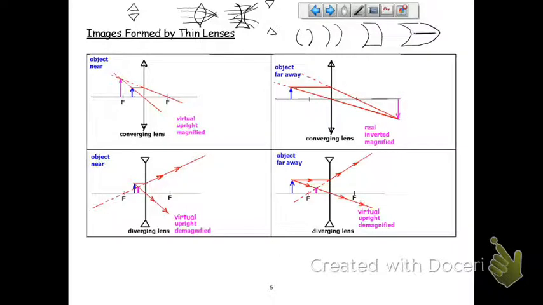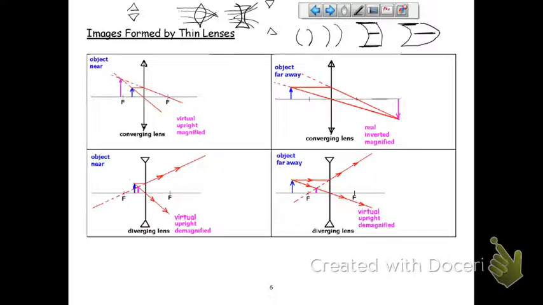This is fat in the middle and skinny on the outside, and this is skinny in the middle and fat on the outside. So you can get diverging and converging glasses. If you wear glasses and they make the world look bigger, or you're looking at somebody who's wearing glasses and their eyes look bigger in the glasses than they do when they're not wearing the glasses, then they have basically the equivalent of a converging lens.